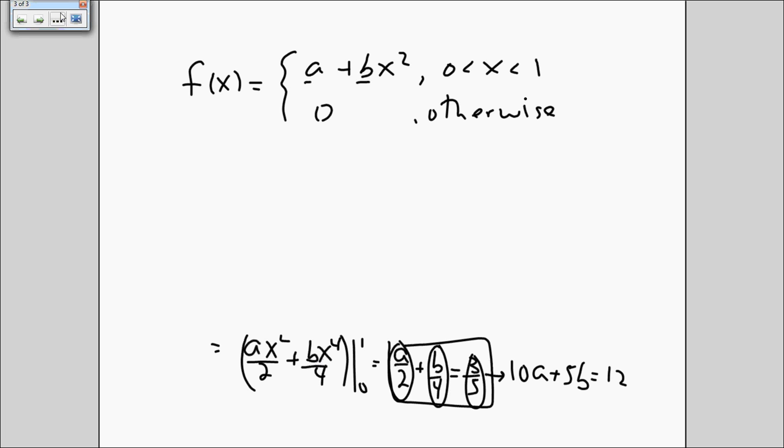Okay. The 1 is equal to the integral of f of x dx from negative infinity to infinity. But we're just going to go from 0 to 1.